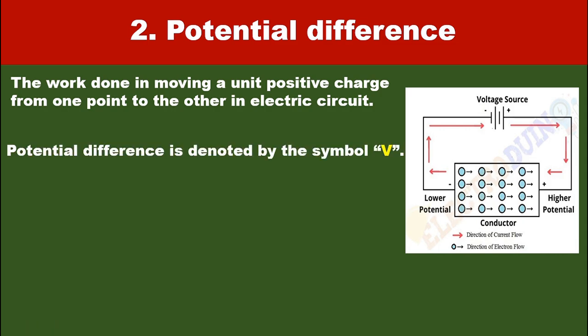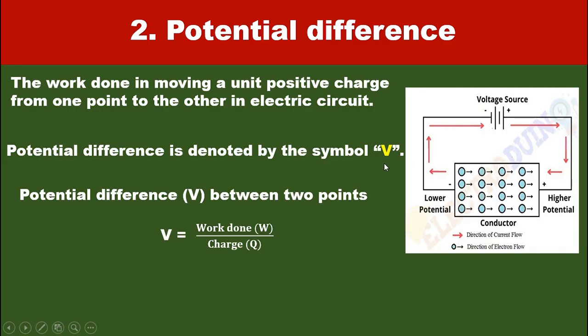Potential difference is denoted by capital letter V. It can be expressed as V equals work done divided by charge. In symbols, V equals W by Q, where work done is W and charge is symbolized by Q.